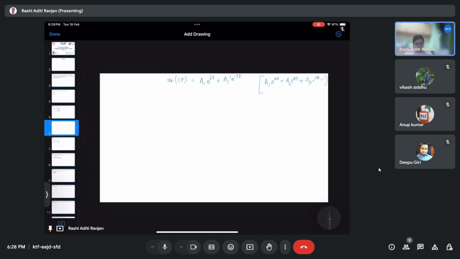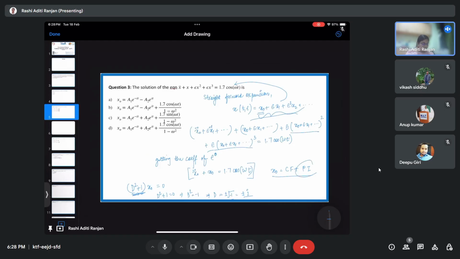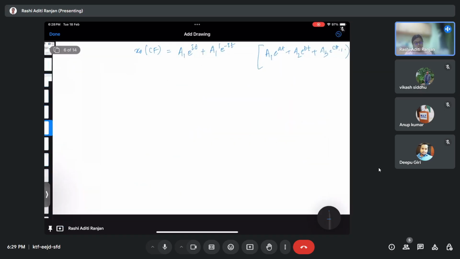Now coming on to the particular integral. How are we supposed to find the particular integral? We take the RHS, which is actually a cos function, and then we divide it by d square plus 1, which is nothing but f of d, like we have f of d into y equals the RHS.